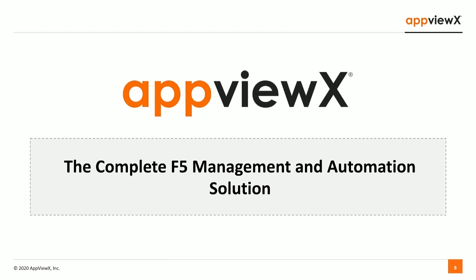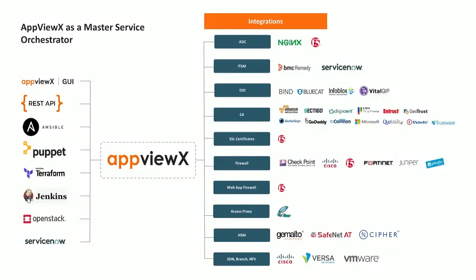Now, we look at the solution, right, for the problem that we discussed, how AppViewX can help. Right? The way AppViewX fits in is like a master orchestrator, right? Master service orchestrator. There is a whole bunch of ways where you can call F5, meaning, let's say you set up F5.